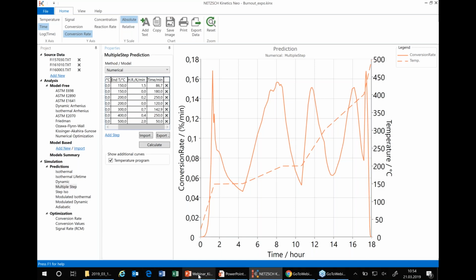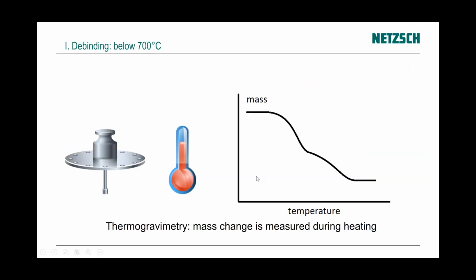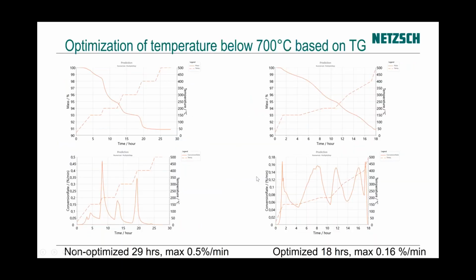Let me switch to our presentation and see the non-optimized and optimized profiles again. Non-optimized: 29 hours and a maximum reaction rate of 0.5% per minute. Optimized is about 40% less, only 18 hours, and the maximal reaction rate is 3 times less than the original.